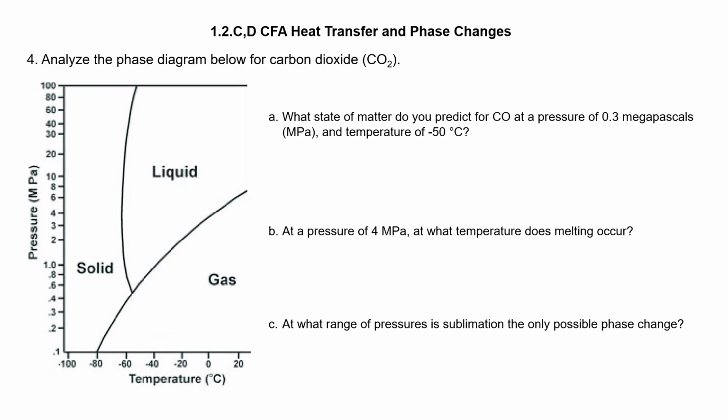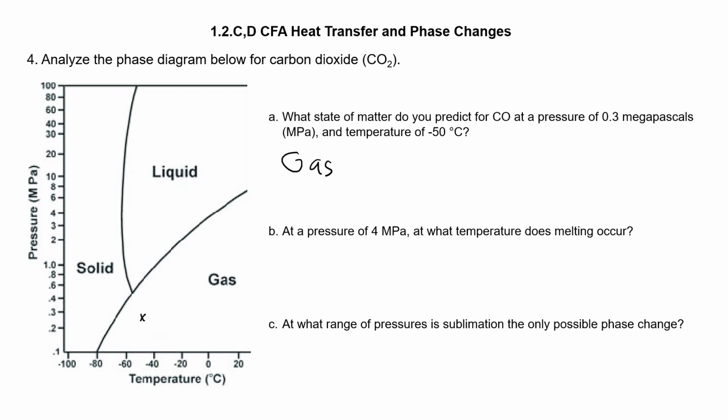So going to 0.3 megapascals, we go over to where we believe negative 50 degrees Celsius is. So right here. As a result, we are going to surmise that this should be a gas under these pressure and temperature conditions.